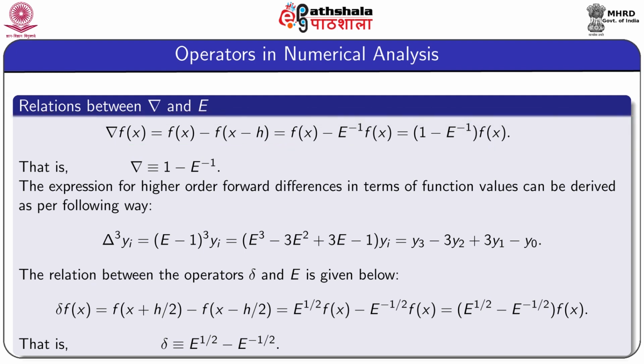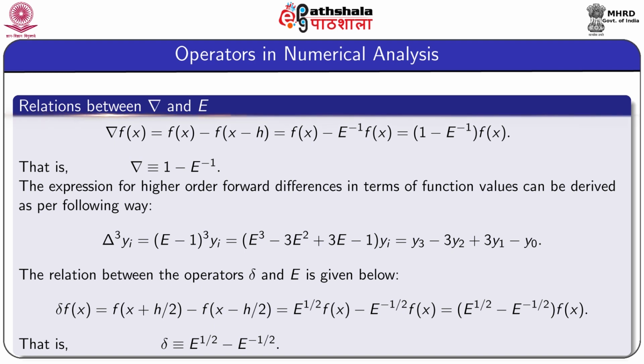That means ∇ is equivalent to 1 minus E⁻¹, or also we can write E⁻¹ equal to 1 minus ∇. So, this is the relation between the backward difference operator and the shift operator.